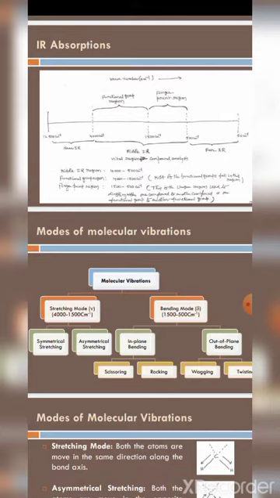Most of the functional groups fall in this region, whereas the fingerprint region is from 1,500 to 500 centimeter inverse. This is the unique region used to distinguish one compound from another compound, or one functional group from another functional group. And the far IR will be of the range from 500 centimeter inverse to 50 centimeter inverse.